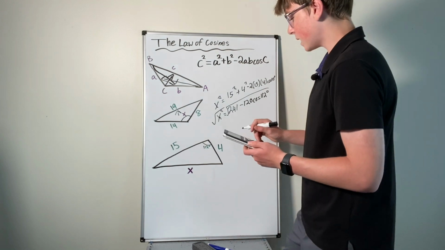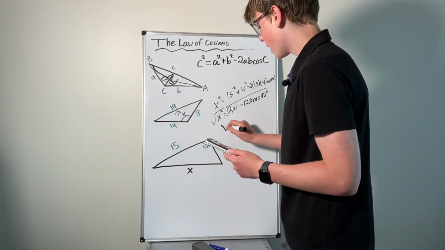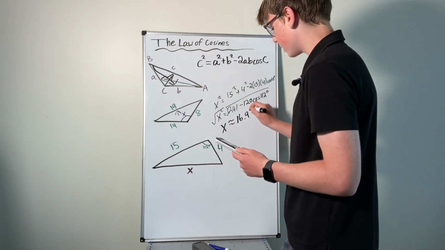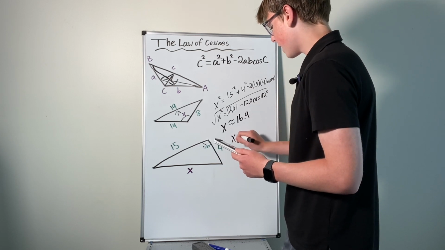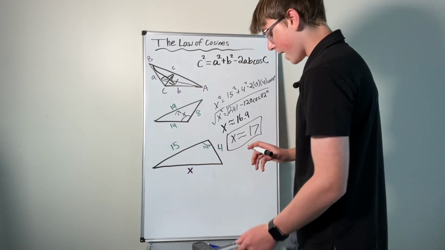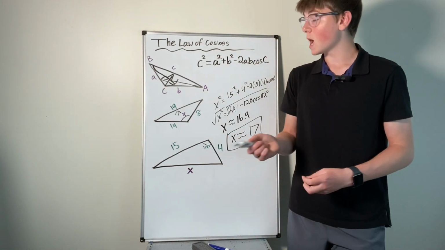It gives us 16.9. So x is approximately 16.9, which means x is approximately 17. So x here is about 17.